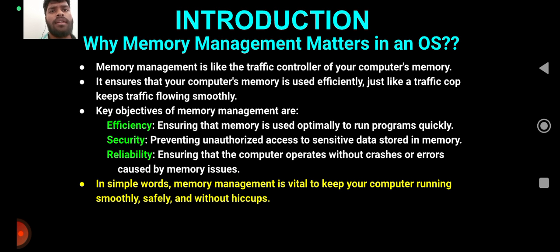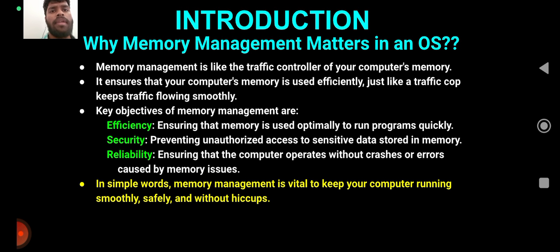The key objectives of memory management are efficiency, security, and reliability. Efficiency is nothing but ensuring that memory is used optimally to run programs quickly. Memory is a precious thing, so you have to use it very efficiently in order to get the output. Security means preventing unauthorized access to sensitive data stored in the memory, so that no other person can access it except the user.